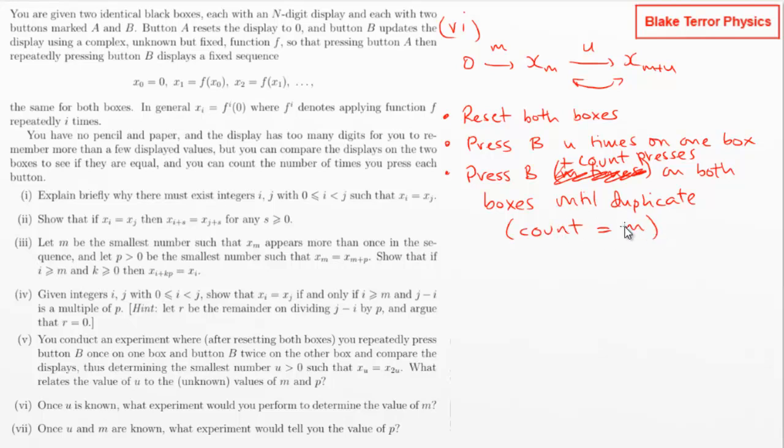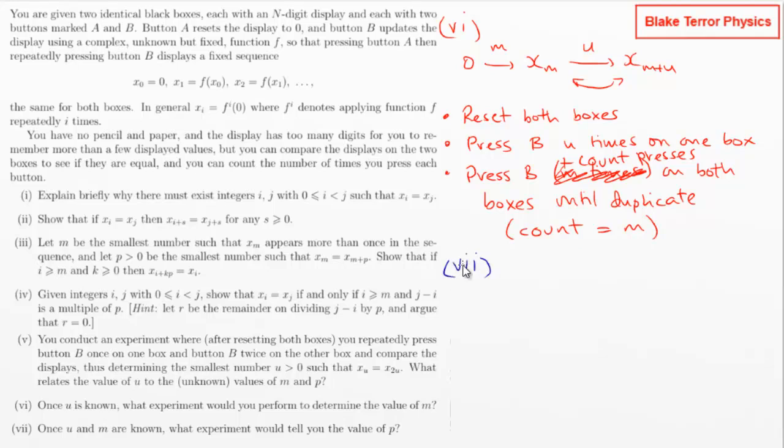Right, because that will be our first duplicate, because we're starting from 0 on one of the boxes. We're going up m times. And that will give us a duplicate because the other one is u presses ahead, which is a multiple of p. Okay, that was a little bit sneaky, that one.